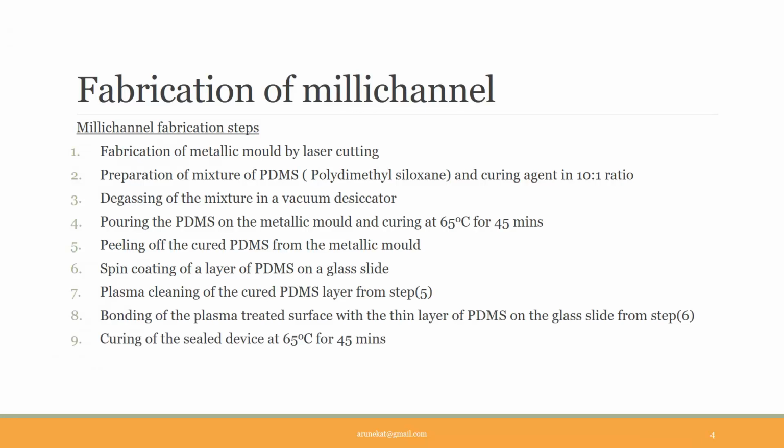After plasma treatment, the cured PDMS layer has to be sealed with the glass slide coated with the thin layer of PDMS. Again, cure this sealed device in an oven at 65 degrees Celsius for 45 minutes. Then put inlet and outlet connections for the fluids to enter and leave. And now the device is ready to use.